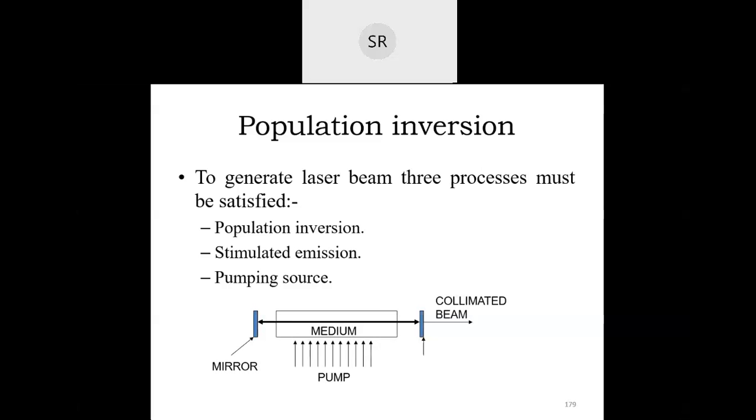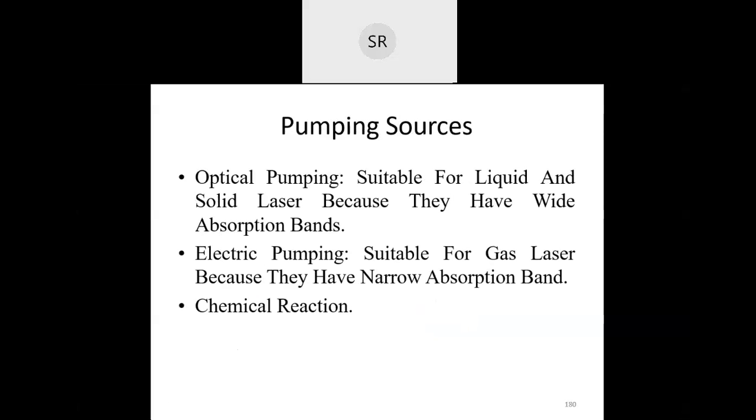That's why we use pumping at the same frequency, and then amplification takes place. We get the amplified output, a beam that is collimated.